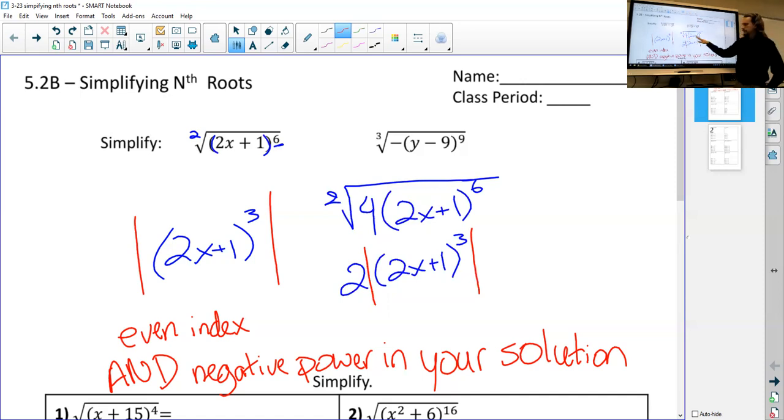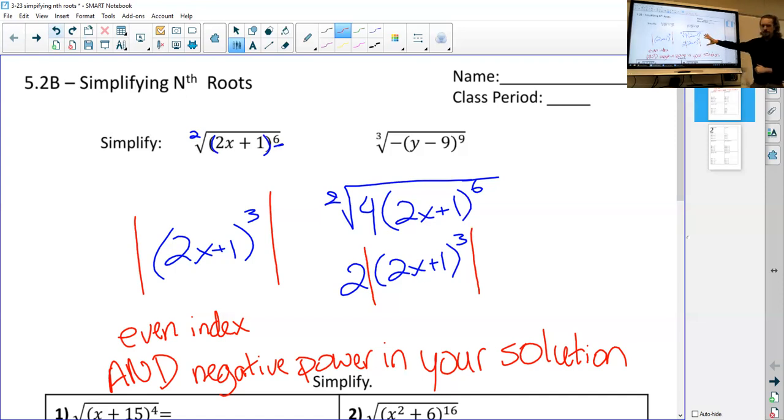So if you're taking the root and you have a coefficient, that's always going to stay outside of your absolute value, okay? You're not going to have to worry about that. But you are going to see that on your answer choices.